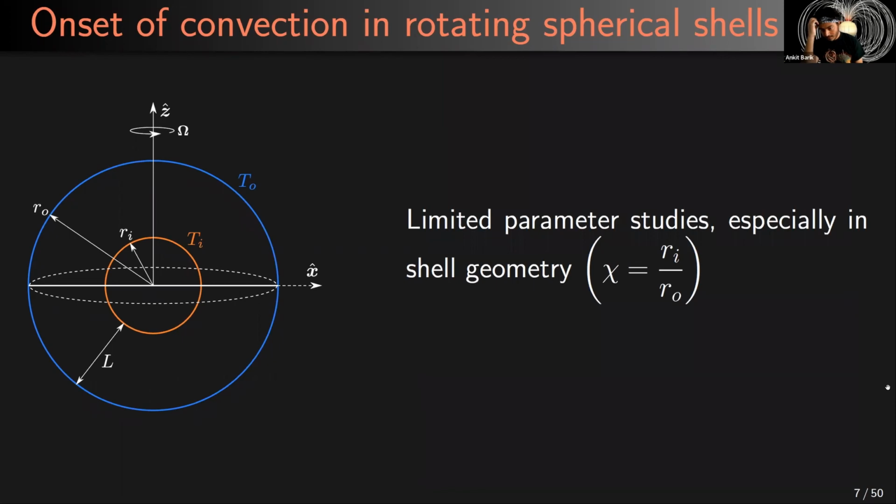And so even numerically, there have been very limited parameter sweeps in shell geometry to check systematically how things change when you make the shell go from a very thick shell to a very thin shell. What happens?